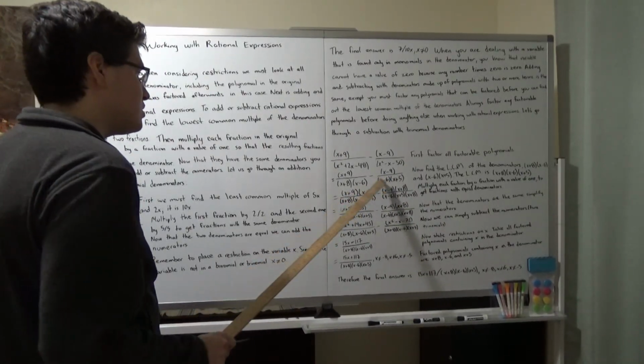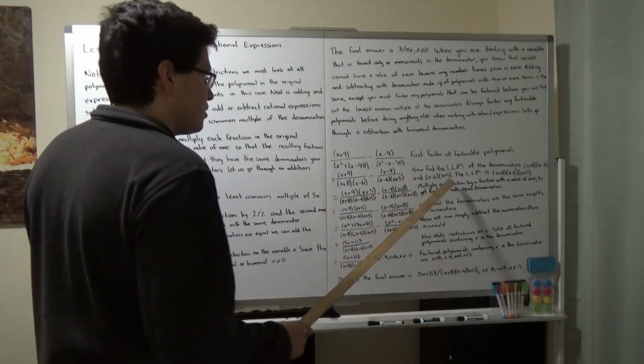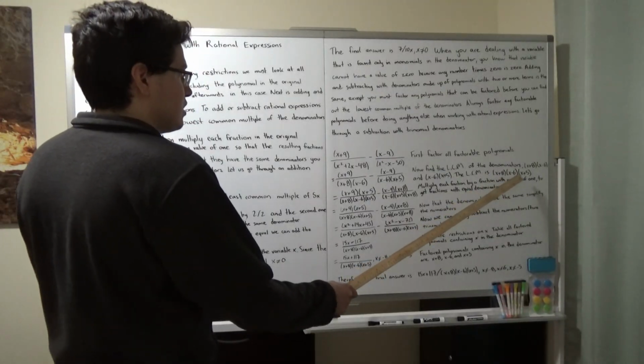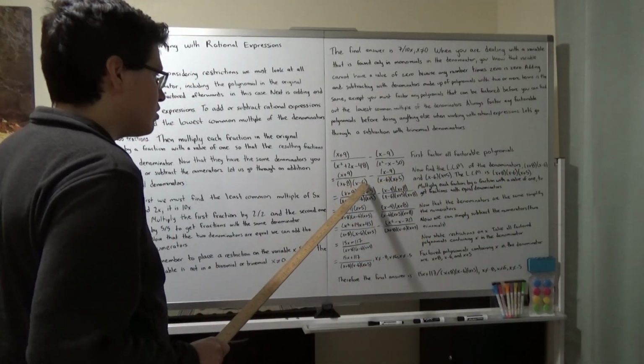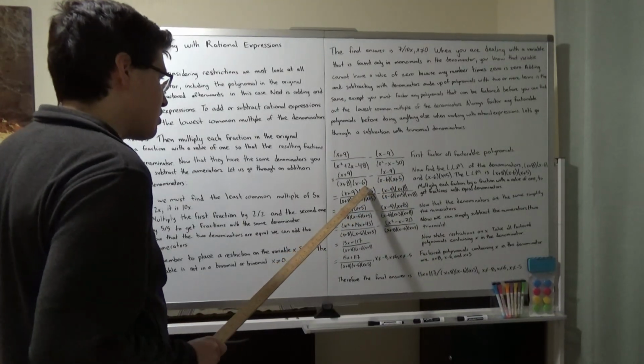So when we multiply these together, we can cancel out x minus 6. So the LCM is x plus 8 times x minus 6 times x plus 5. We simply combine all the polynomials together and cancel out the polynomials that repeat.